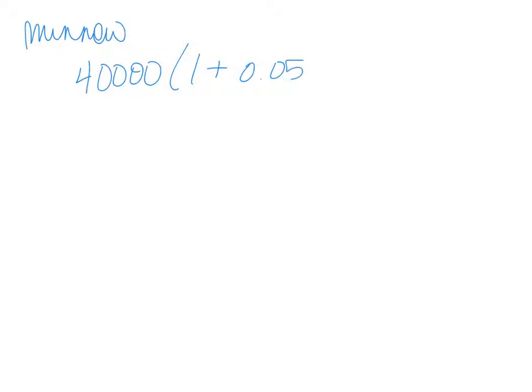Let's see, you still have the problem in front of you. In what year will the minnow population exceed the amount of algae available? So my minnow population, the equation is 40,000, 1 plus my rate to the time, or the x, it doesn't matter.